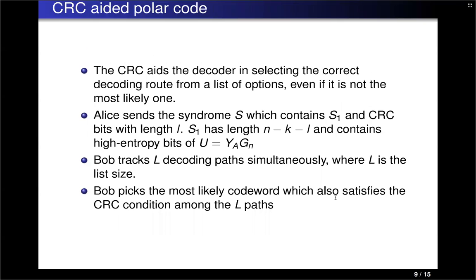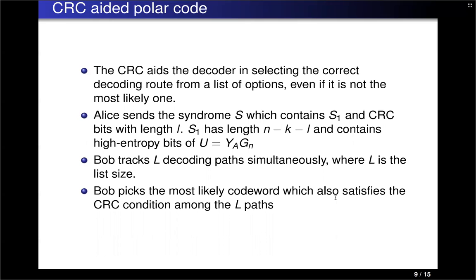The other one is CRC-aided polar code, which also shows good performance in short block lengths. In this model, Alice sends the signal S1, which has a length n-k-L, which contains the high entropy bits of U. U is generated by YA times G. G is the generator matrix of the polar code.